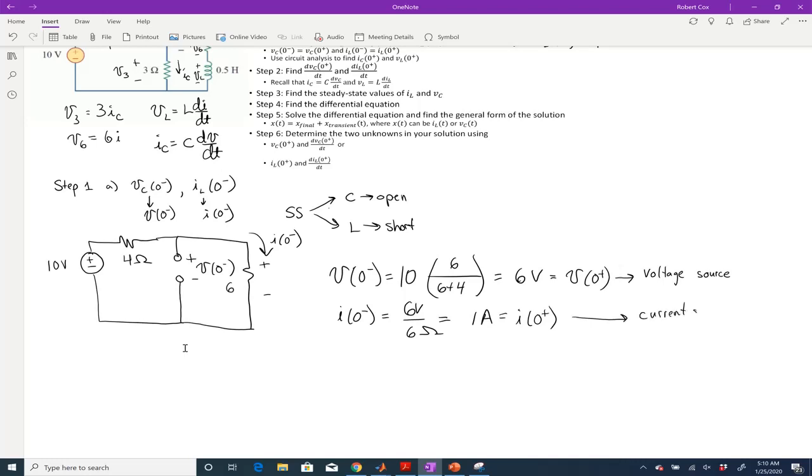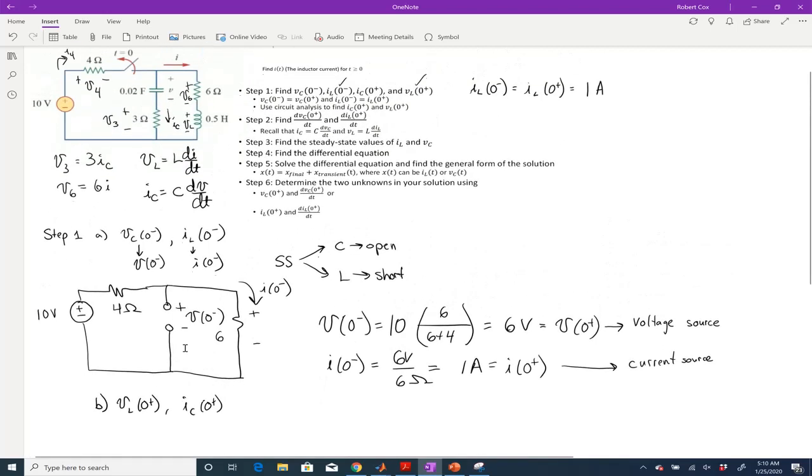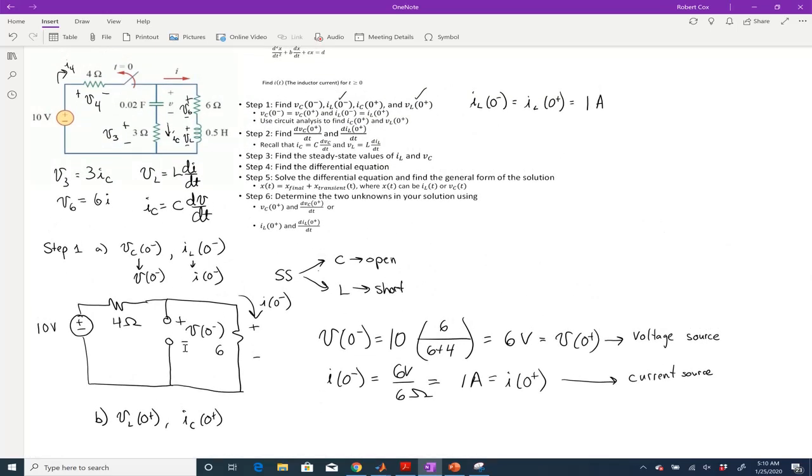Again, just for a short period of time, this is true. Now that helps me for my part B here, which is to get VL of 0 plus and IC of 0 plus. For this we have to draw the circuit right after the switch opens.